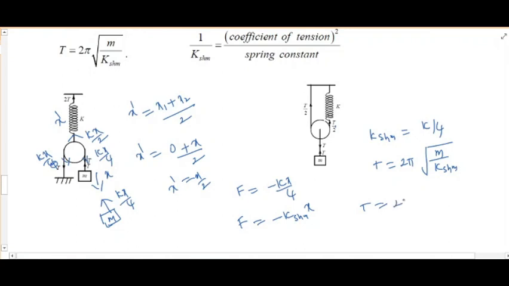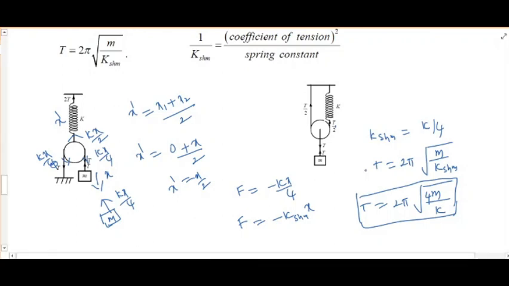Therefore, T is equal to 2 pi into square root of m by K by 4, which is 4m by K. This is the general method to derive the time period of a loaded spring.